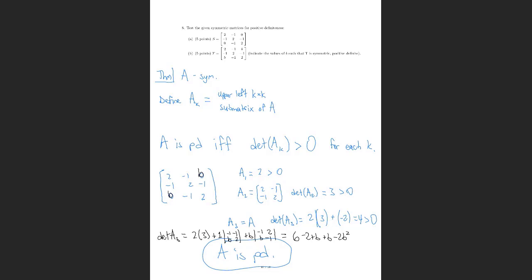And then we need this to be positive in order for the matrix to be positive definite. So let me see what that gives us right now. Negative 2b squared plus 2b plus 4 must be greater than 0. Let's divide that by negative 2. So b squared minus b minus 2 has to be less than 0 then.